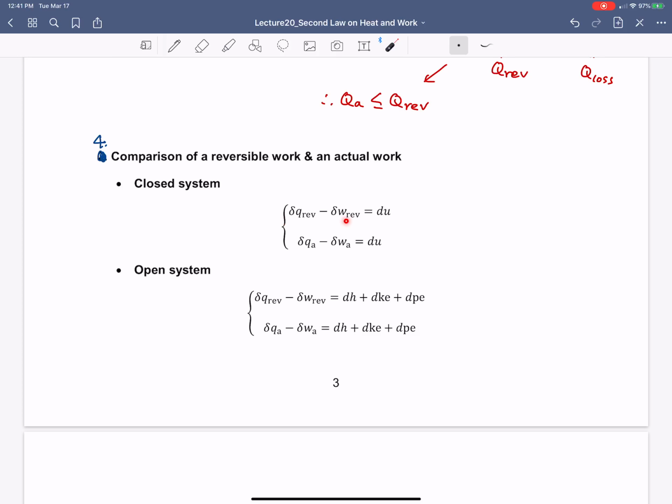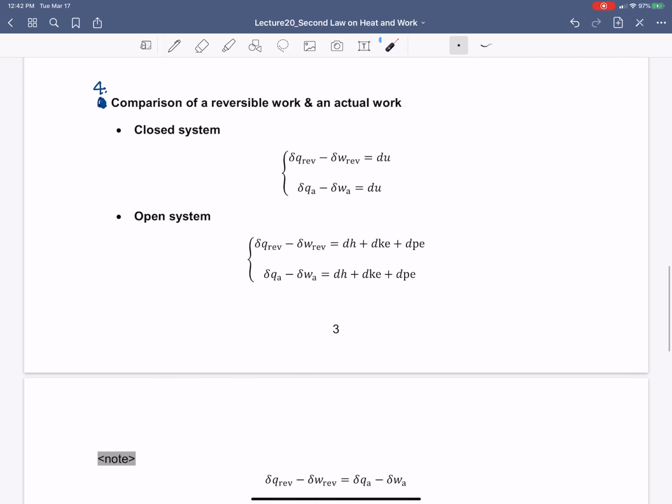So that is for the reversible process, but actually the first law of thermodynamics does not distinguish reversible process or actual process in terms of its equation form. So the same equation can be written for the actual process, but in order to emphasize that those are the actual process and reversible process, I changed this to REV and A in the subscript.